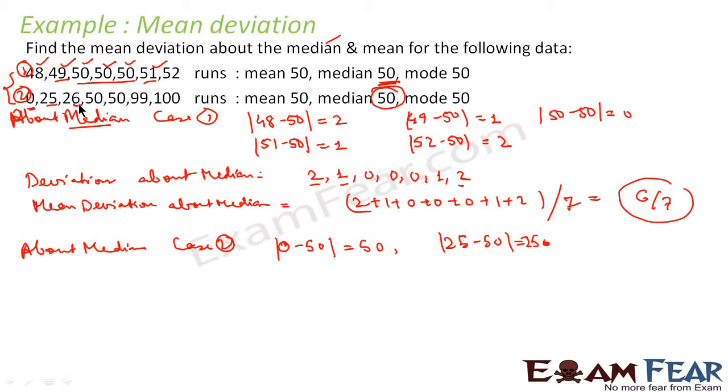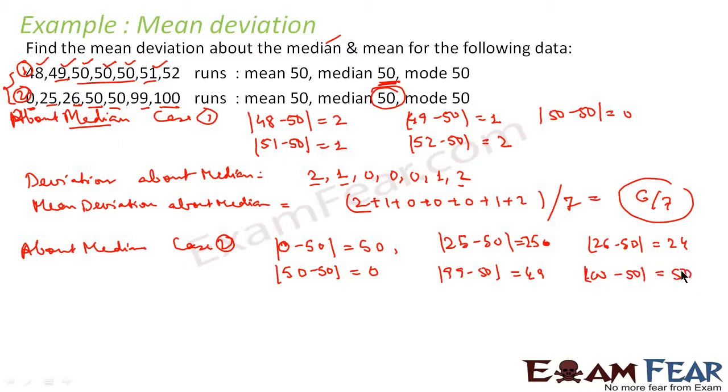Third is 26. So |26 minus 50| is nothing but 24. And then we have 50s, |50 minus 50|, because it is distance, so we take the mod, 0. And then |99 minus 50|, that value comes out to be 49. And the last is 100, |100 minus 50|, and that value is 50.